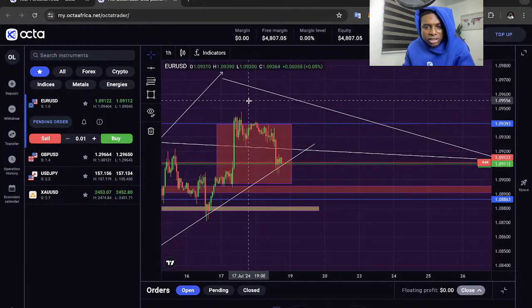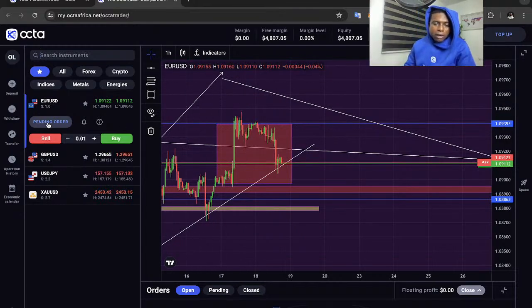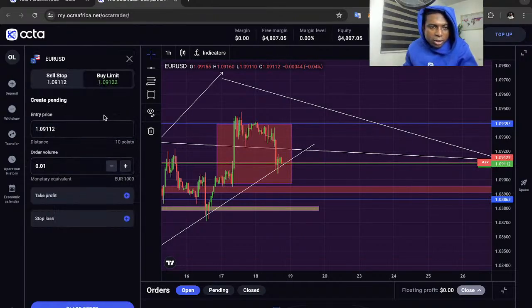So for my euro USD now, I'm setting a pending order. I'm not setting a market order to buy instantly. I'm setting a pending order. So I would click on this section, and when I click on this section, I have this option. It says create pending. So what I'm doing now is to come here.